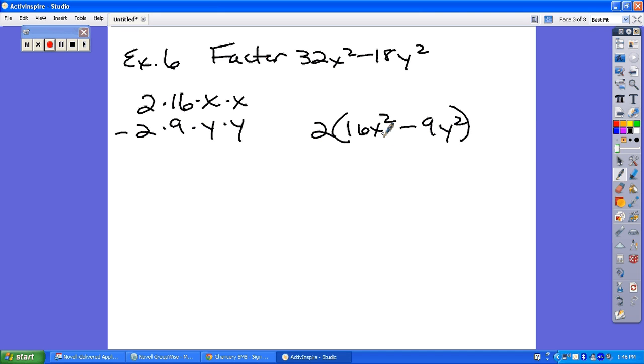Well, if you notice, now I have a difference of two squares. So what I want to do is leave the 2 out front, and please don't forget that because I will take off if you don't. And then here are your two parentheses. So 4x plus 3y, and then 4x minus 3y. And it's factored. So there you go. This is probably the easy one that most of you will have no problem with. And so I will see you on the next one.